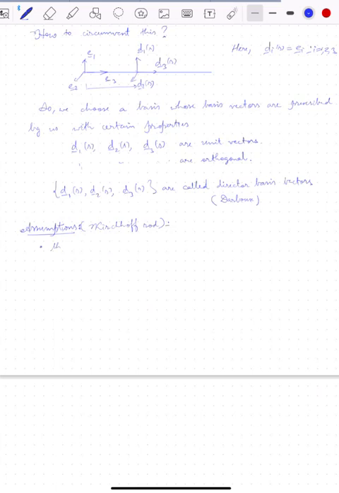The first assumption is that it's a thin rod with uniform cross section. That was the first thing.